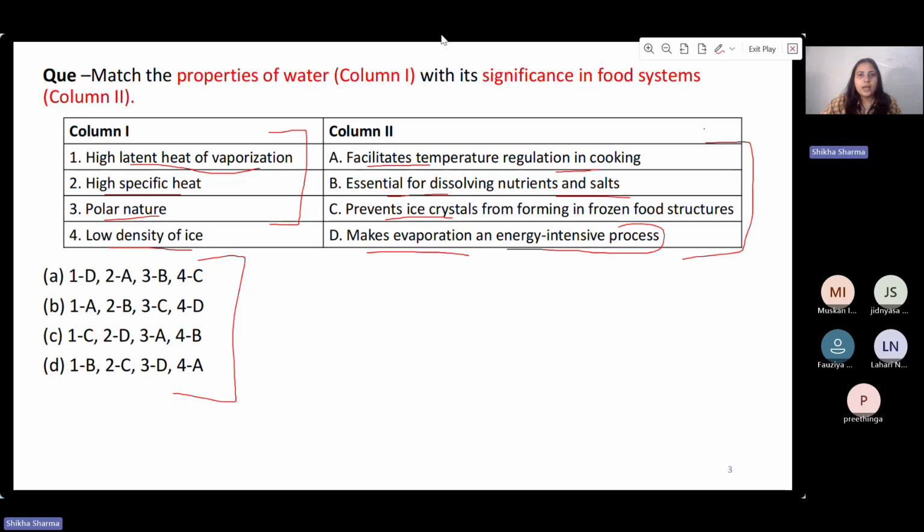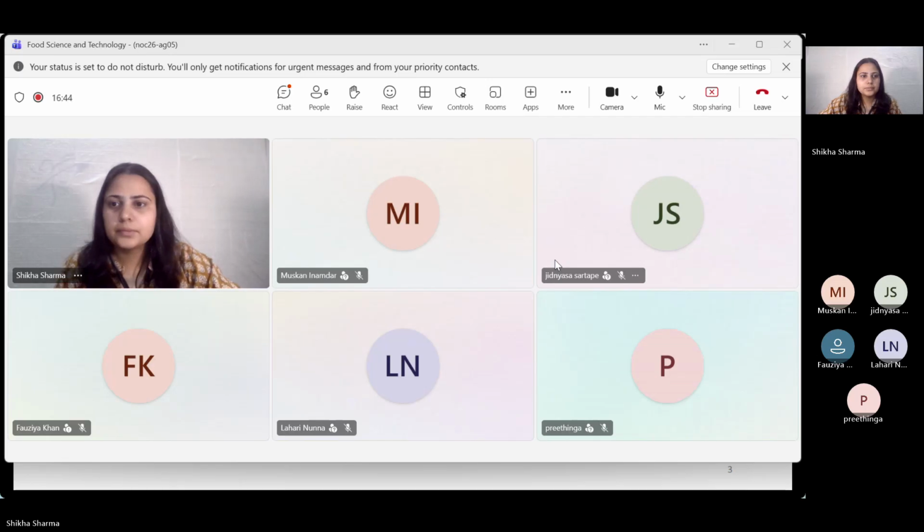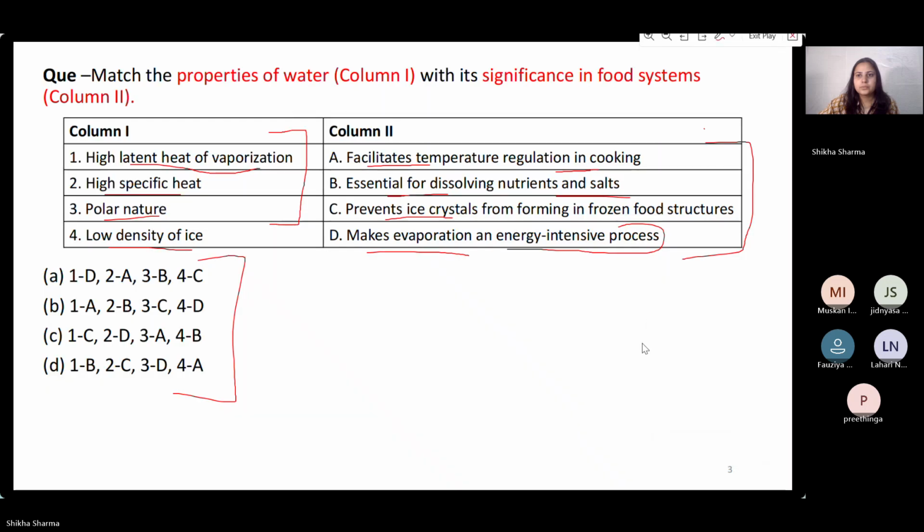Meanwhile, I'll take the attendance. Okay.